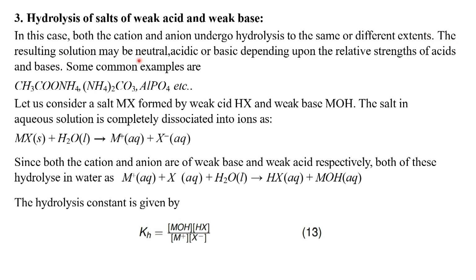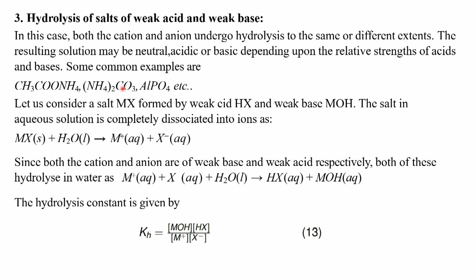The resulting solution may be neutral, acidic or basic depending upon the relative strength of the acid and base. Since here we are considering salts of both weak acids and weak bases, we need to consider the relative strength, how weak the acid is or how strong the base is. So according to that, the resulting solution may be neutral, acidic or basic.